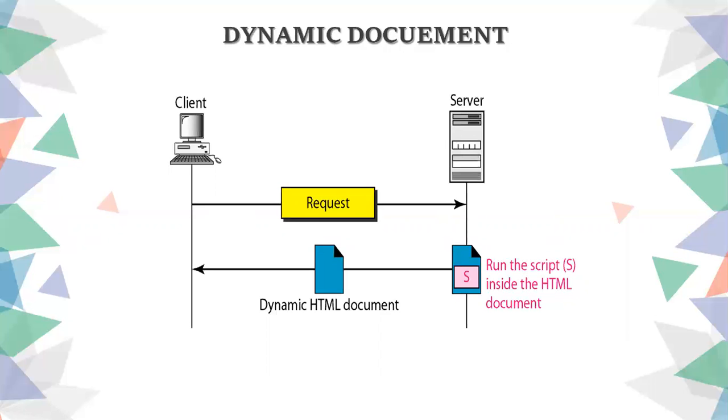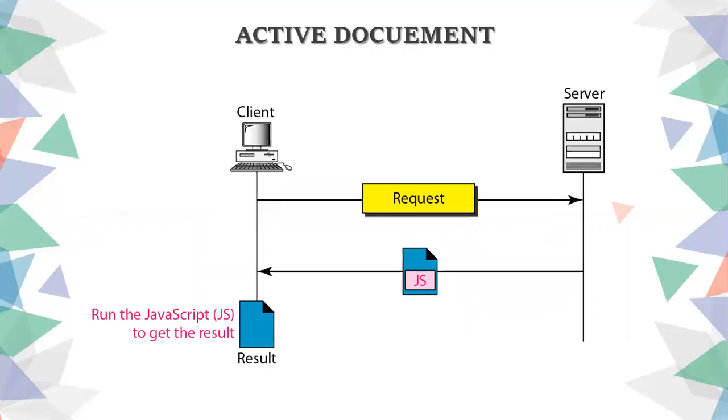So dynamic data resources updated on the server keep on updating to the client. Next, the active document. This document may use the server, but the application must run on the client side. If you want to view some graphical or animated data, it needs to execute on the client side.